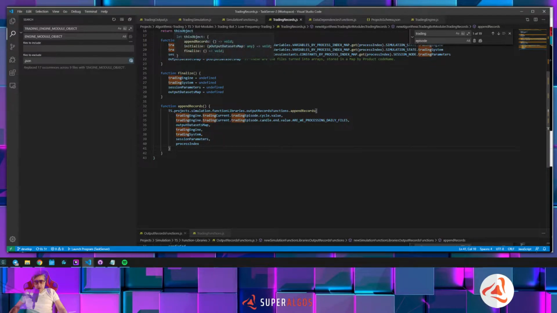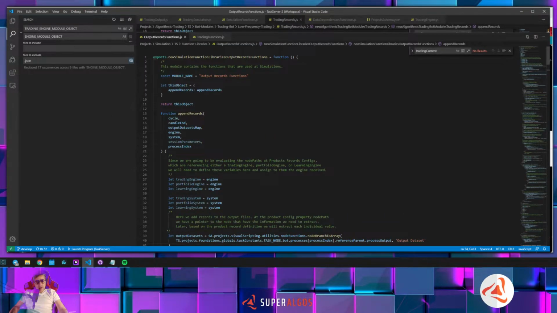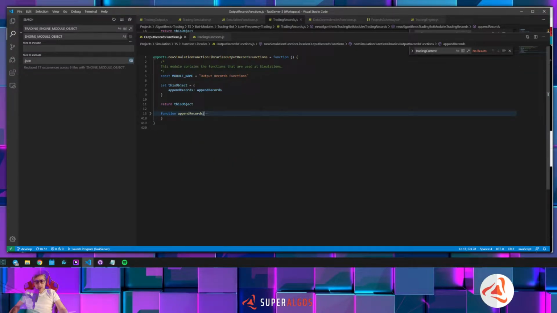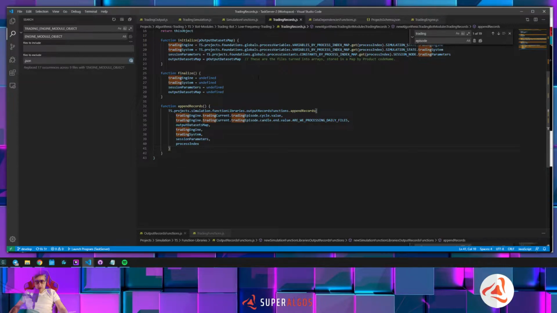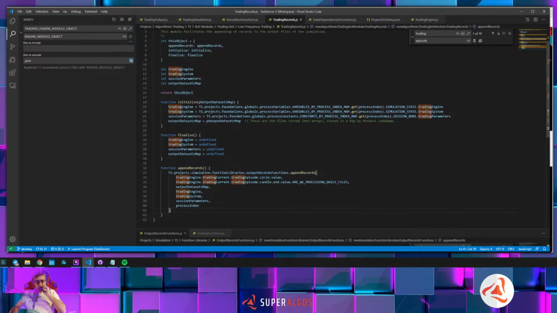That was also a module that produces the output of the simulation, and so I extracted this also into trading output records functions. Here we have this function that is generalized. Now we can use it at both places, and that means that this trading records is minimal, right?